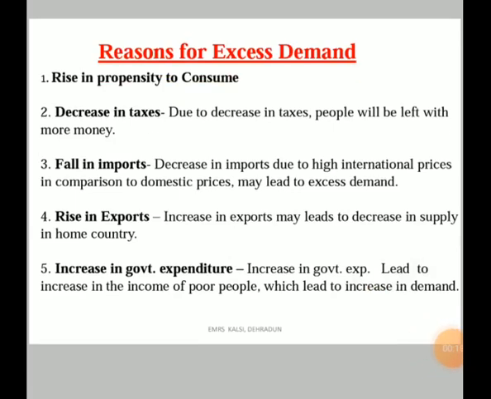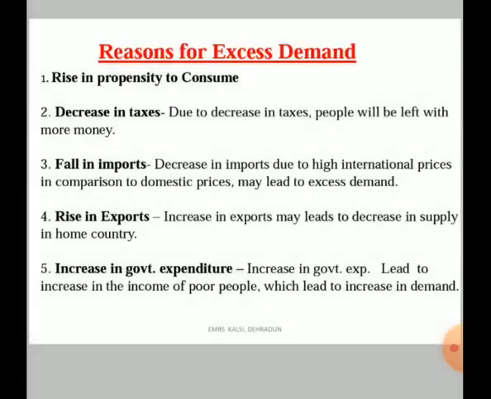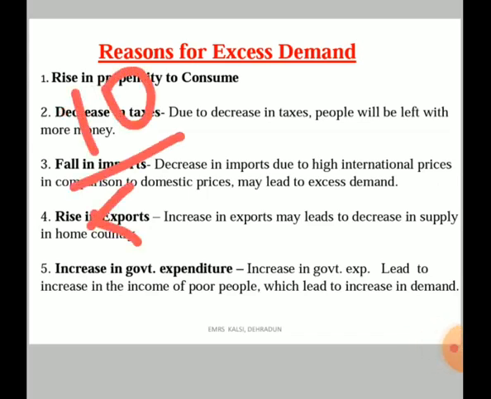Suppose earlier we were importing 10 barrels of crude oil, that is kacha tel, and the demand was 50.